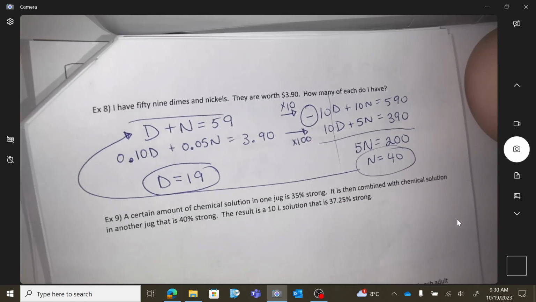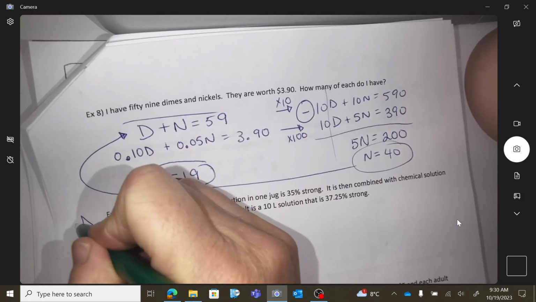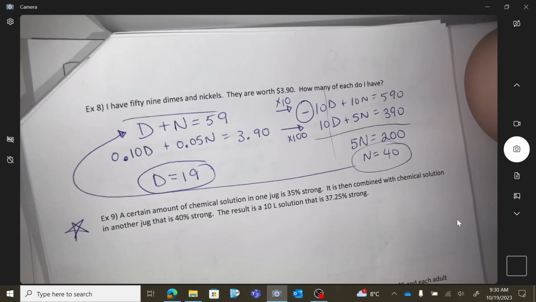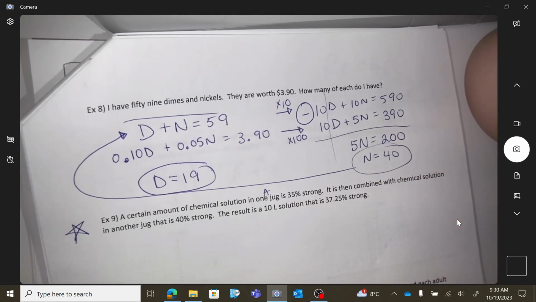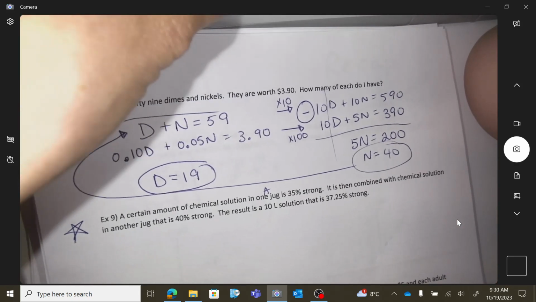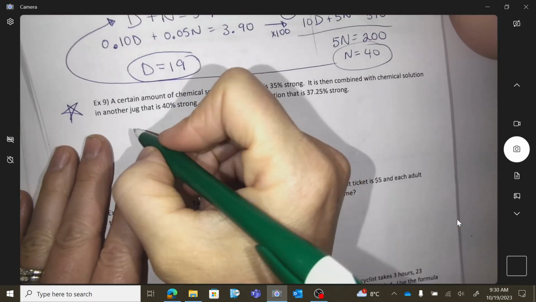Okay, so number 9. I'm going to get you to put a star beside this one. I feel like sometimes this is one of the harder ones on a test. So a certain amount of chemical solution in one jug, so we'll call it jug A, and it's 35% strong.